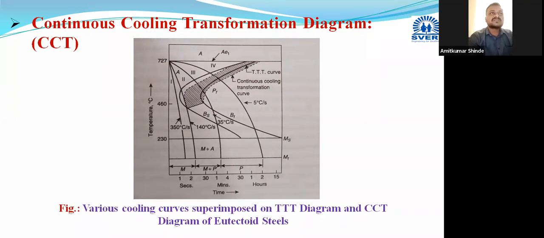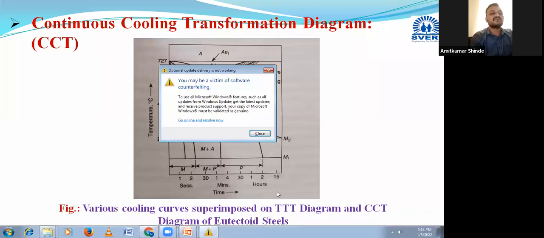As we are practically using continuous cooling, we are going to use this CCT diagram, the continuous cooling transformation diagram. Now, how is this diagram plotted? The process is very similar to the TTT diagram experiment. Initially all steel samples are collected and heated in one furnace in the austenitic region.